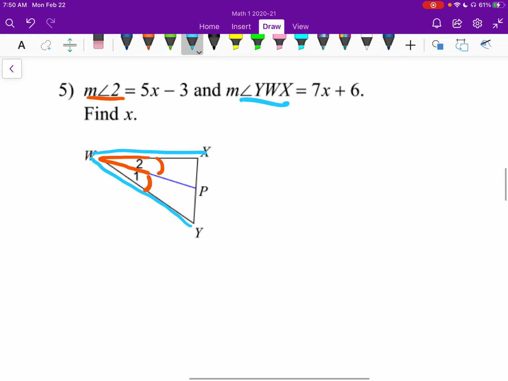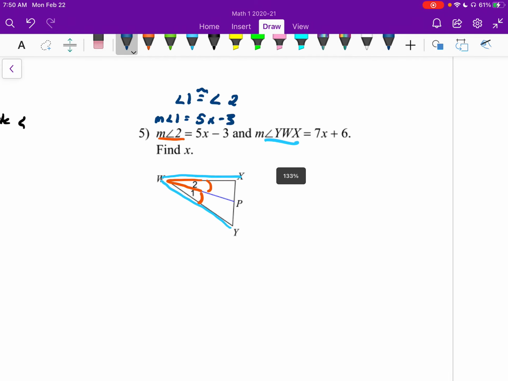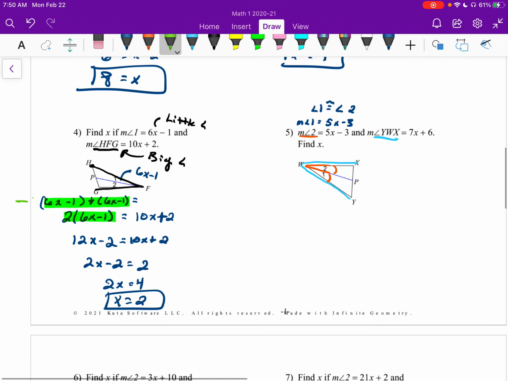I know that angle 1 and angle 2 are congruent, right? We know that because they were bisected. So I could say angle 1 is congruent to angle 2. So I could say that the measure of angle 1 is the same thing as angle 2. So this is 5x minus 3, right? I can say that they're equal. So this one is a lot like number 4, and I'm going to write it like how I did in the top spot there.